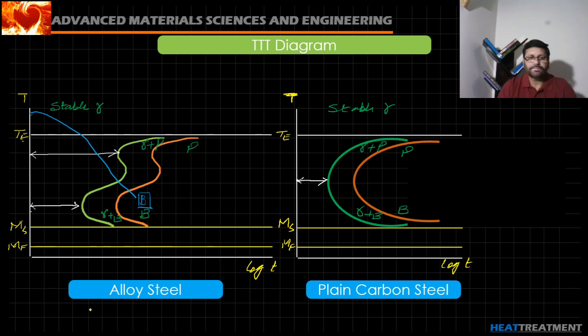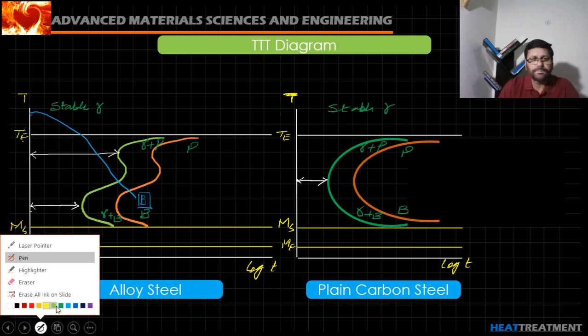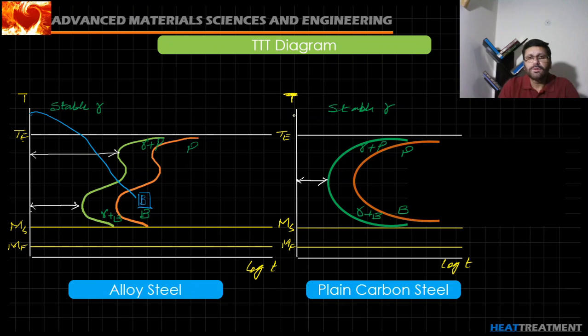Now, just for our consideration, if we go for slow cooling in plain carbon steel, we end up with pearlite.